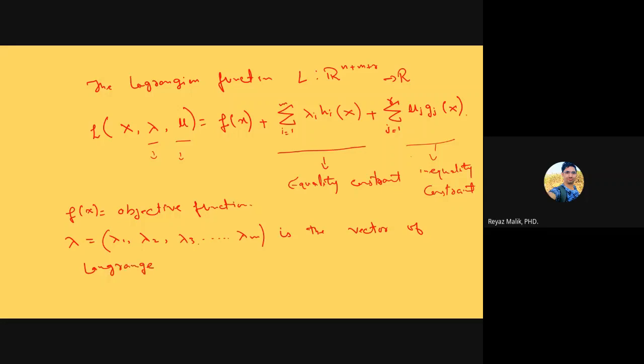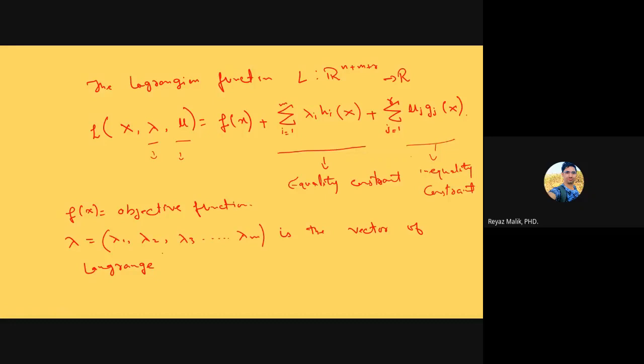Remember it, it is very important. Lambda is the vector of Lagrange multipliers corresponding to the equality constraints.